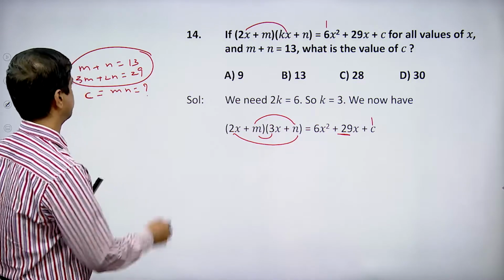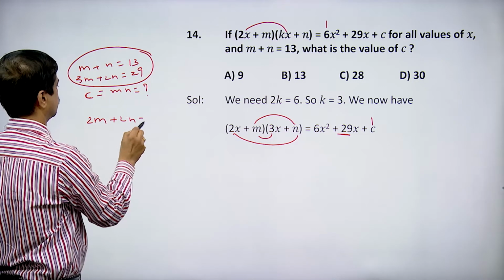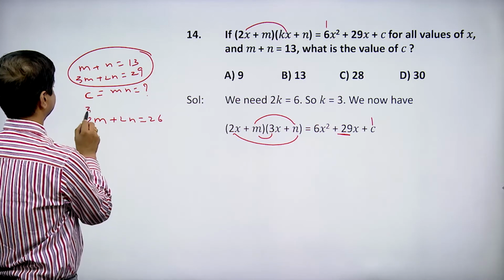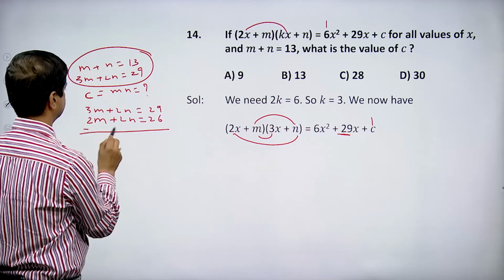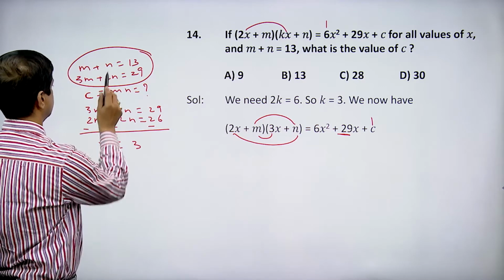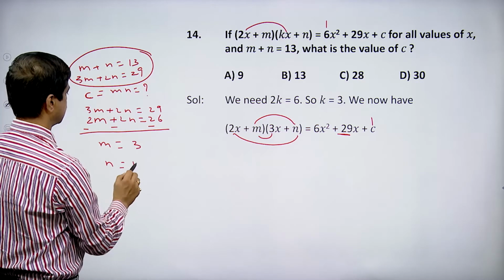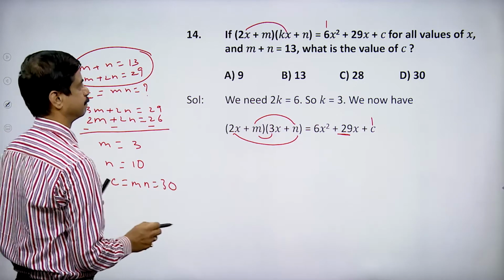If you solve them, what happens? I'll take this into 2. So 2m plus 2n equal to 26. 3m plus 2n equal to 29. m equal to 3. Put m equal to 3 here. So n equal to 13 minus 3 is 10. c is mn, that is 30.